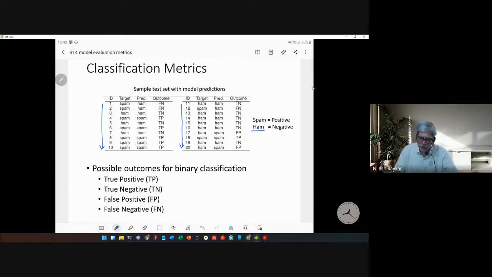The target values are nothing but the label values or actual values. Some human expert has seen whether each mail is spam or ham, and that is written here. The next column is the prediction of your model. Your prediction may match with the actual label or it may not match. So there can be matching or no matching.